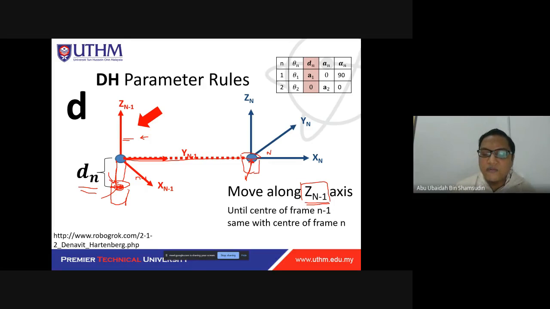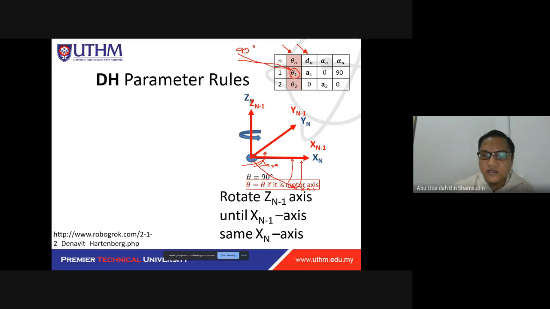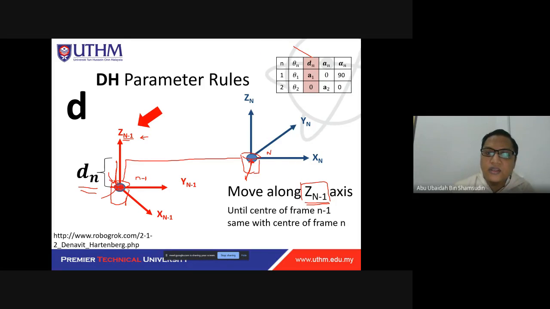It's almost the same as the previous one for theta. For theta, you need to rotate about the Zn minus 1 axis. For D, you need to move along the Zn minus 1 axis.